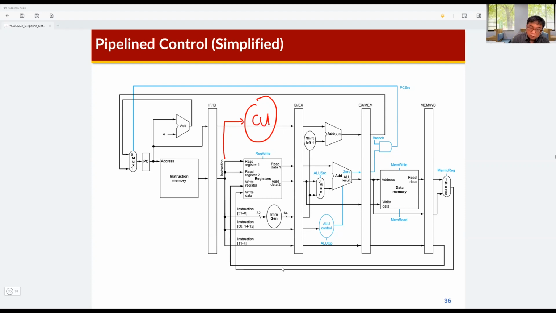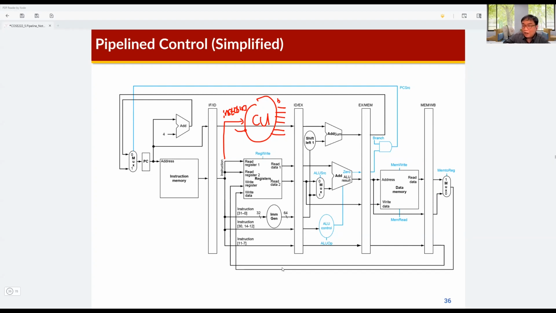We learned that inst from 6 down to 0 are given to this control unit, and then the control unit generates some control signals such as branch, reg write, ALU source, mem read, and mem write control signals.